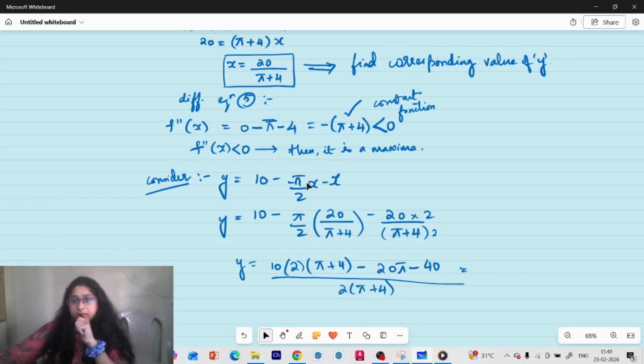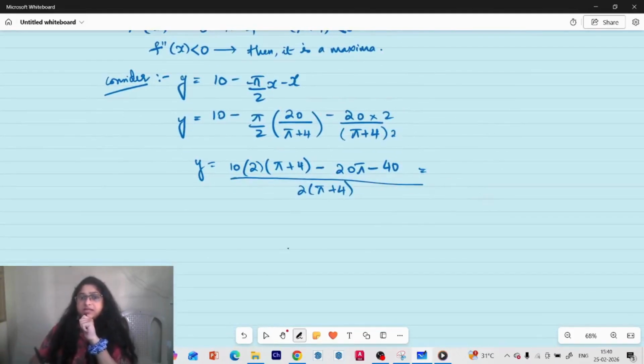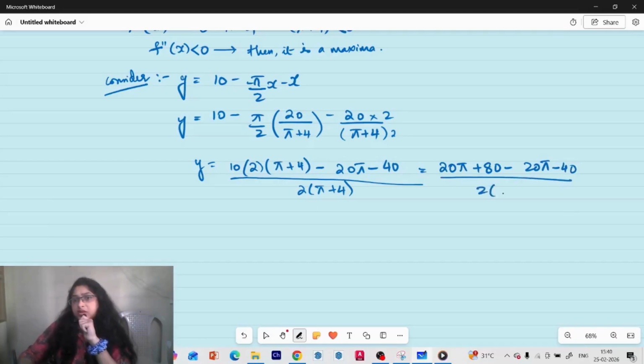So that's going to be 20 pi plus 80 minus 20 pi minus 40 by 2 into pi plus 4. So as you can see, 20 pi is gone. We'll have 40 by 2 into pi plus 4, meaning this is just 20. So what did we get? y is also 20 by pi plus 4.